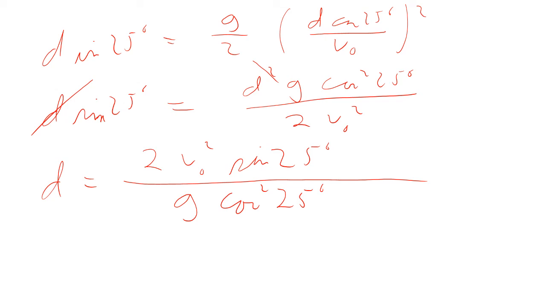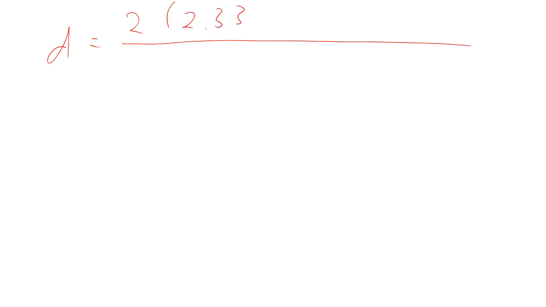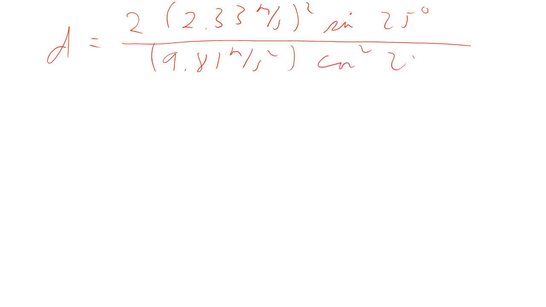Okay, so now we just plug in the numbers that we were given. This is 2 times 2.33 meters per second, squared, times sine 25 degrees, divided by 9.81 meters per second squared, and cosine squared 25 degrees.